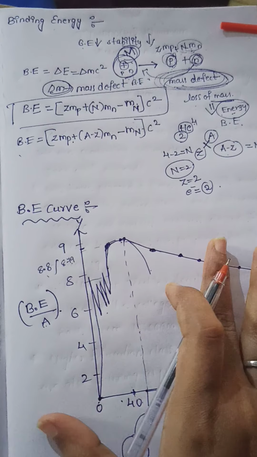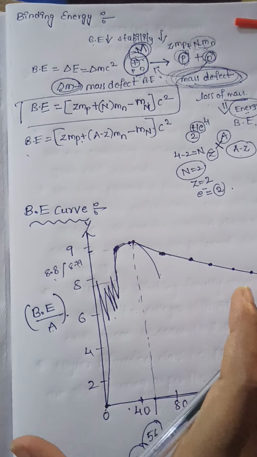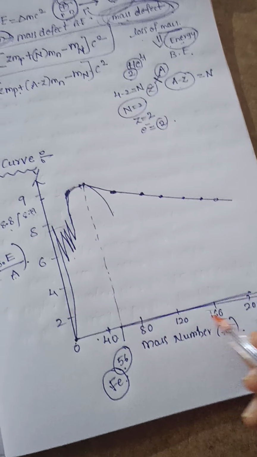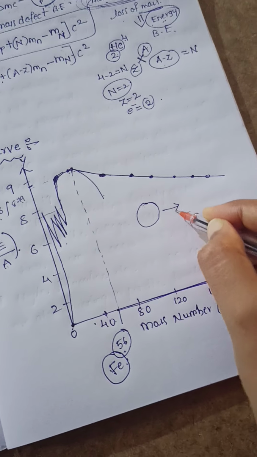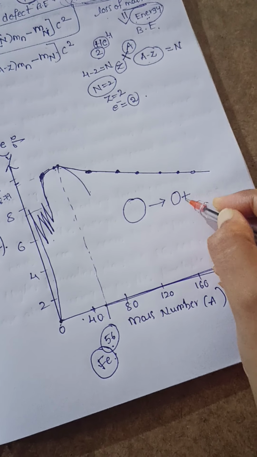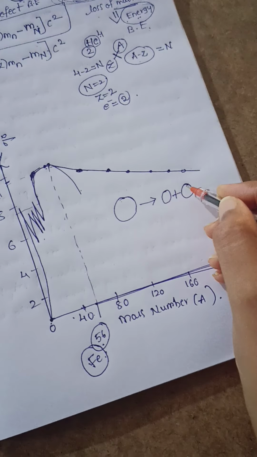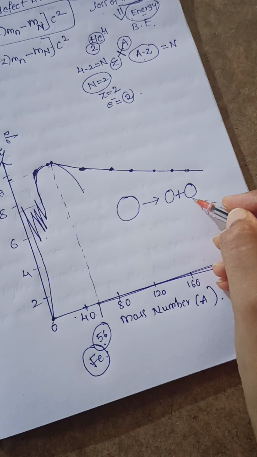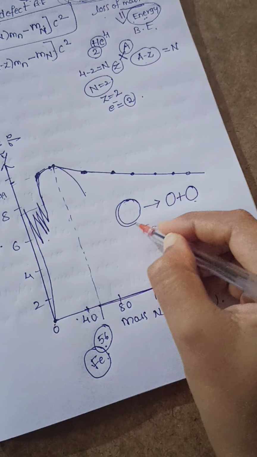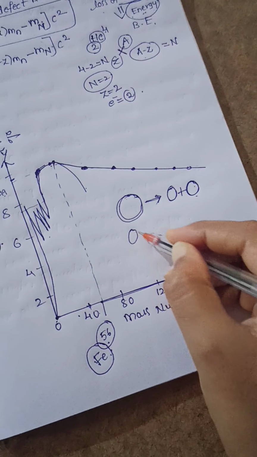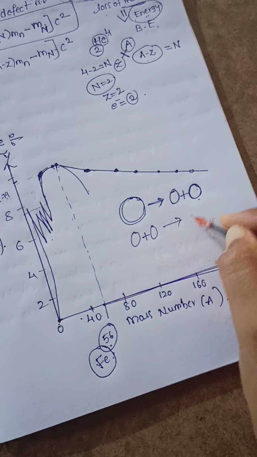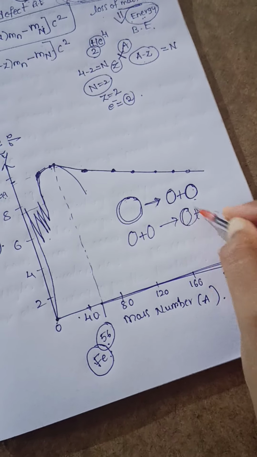So in this case, what does binding energy represent? As the mass number increases, the heavy nucleus has a tendency to convert into smaller constituent nuclei. That means a heavy nucleus can be split into smaller nuclei, and smaller nuclei can combine to form a heavy nucleus.